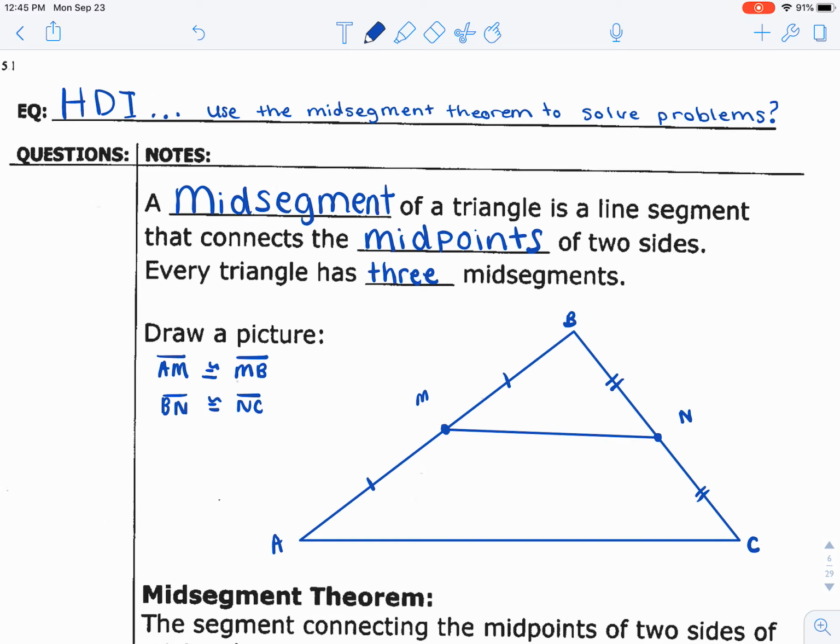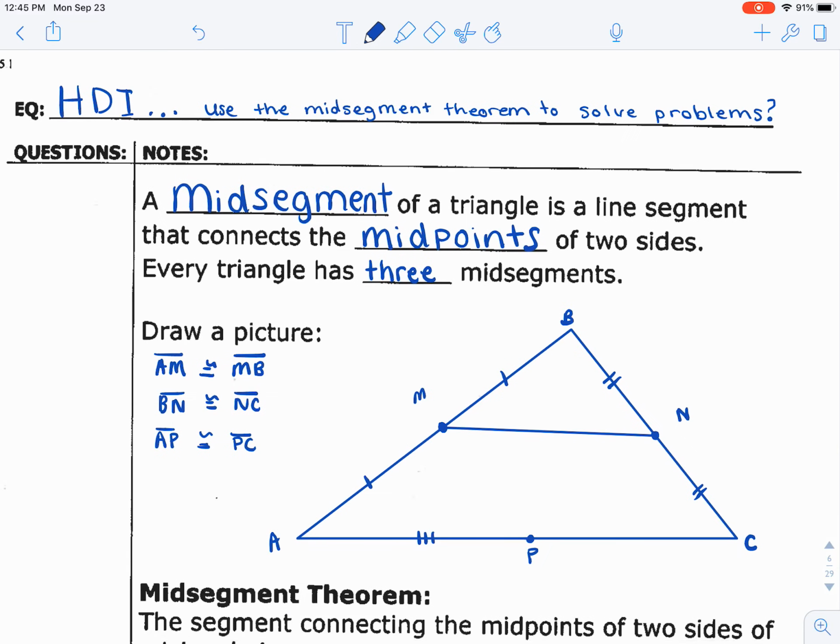So if I tell you that the midpoint of AC is P, then we should know that AP would be congruent to PC. And we would put 3 tick marks on either side.